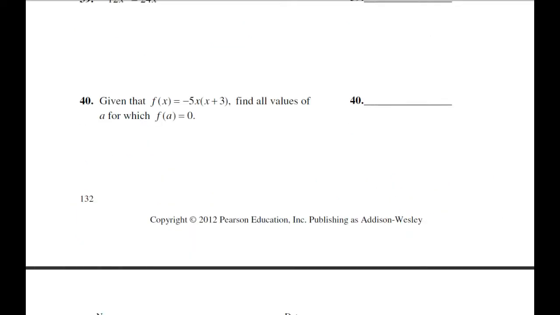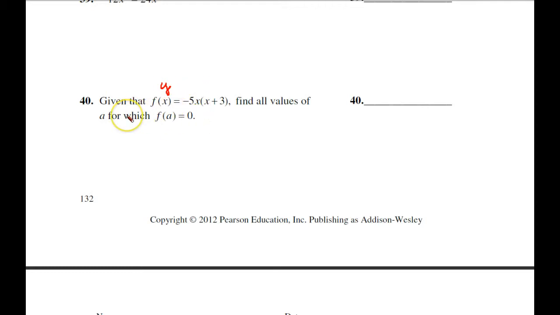Now, in keeping up with our tradition of function notation, here we're saying that f of x is this. But what did we say f of x could replace? Well, it could be a y. And here they're saying that y is equal to 0.